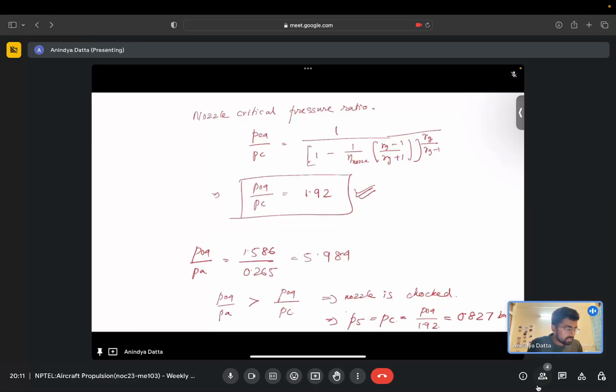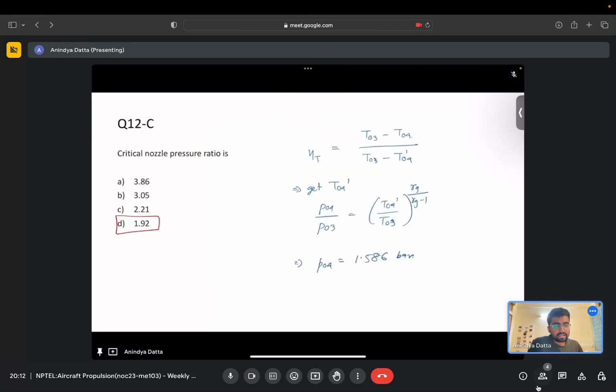So the workflow goes like this. First we find the compressor inlet condition using the intake efficiency, and then the compressor exit condition using our compressor isentropic efficiency. Then we know the turbine inlet condition. Turbine inlet temperature is given, and turbine inlet pressure we can compute from the compressor exit pressure minus the pressure loss in the combustion chamber.